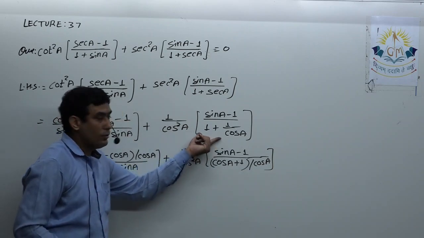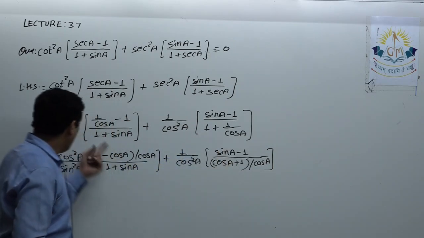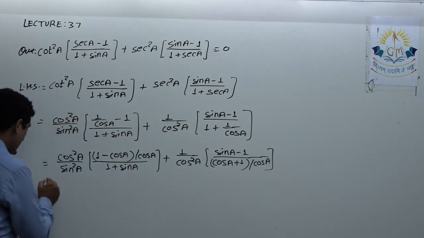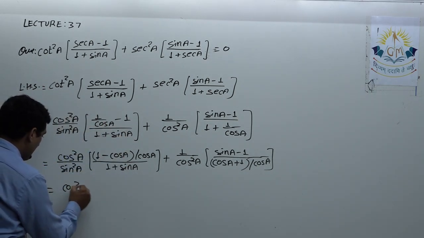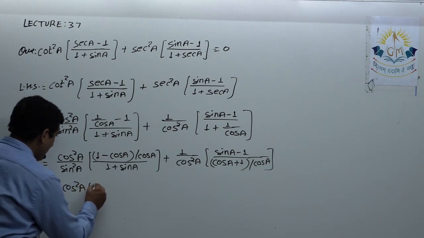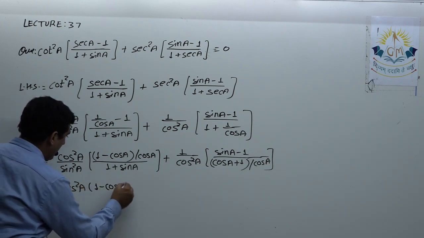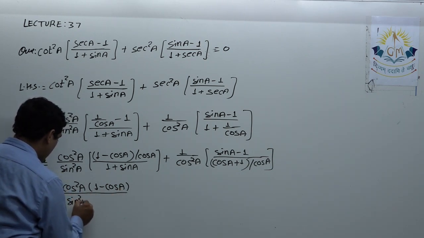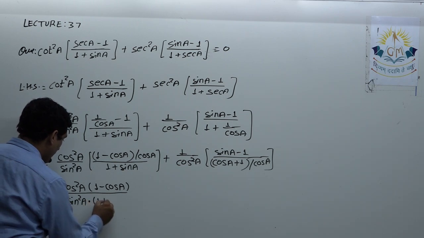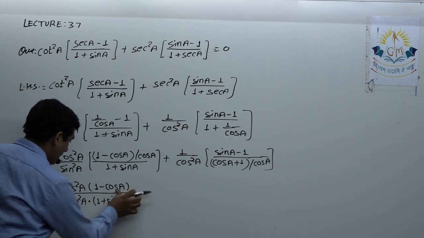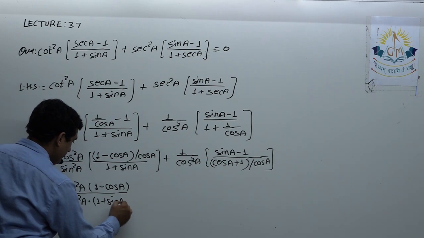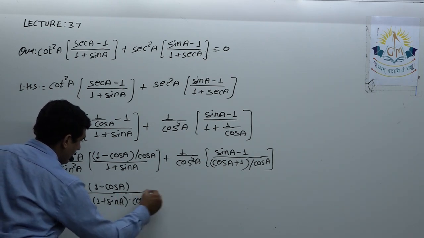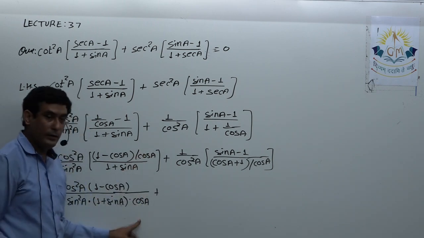Okay, here I took the LCM, so cos A plus 1 upon cos A. Here in the numerator I took the LCM, so 1 minus cos A upon cos A. Now if I simplify this further, here I can write cos square A into 1 minus cos A divided by sine square A into 1 plus sine A into this cos A will come in the denominator.